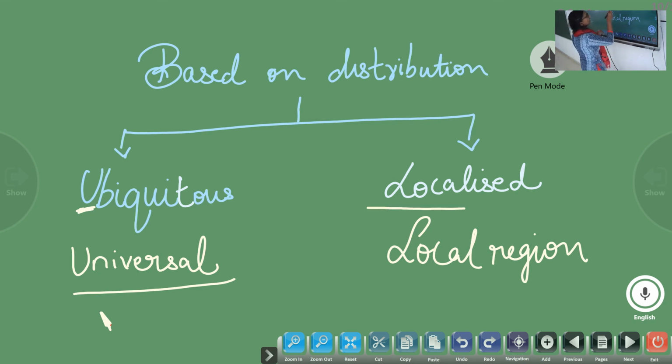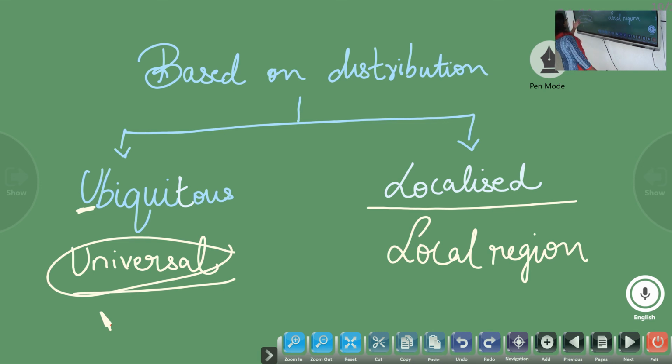No. Why? Because it is a localized resource of North India or India alone. So, when the resource is in a boundary of a certain area, it's called localized. And when the resource is universally available, it's called ubiquitous.